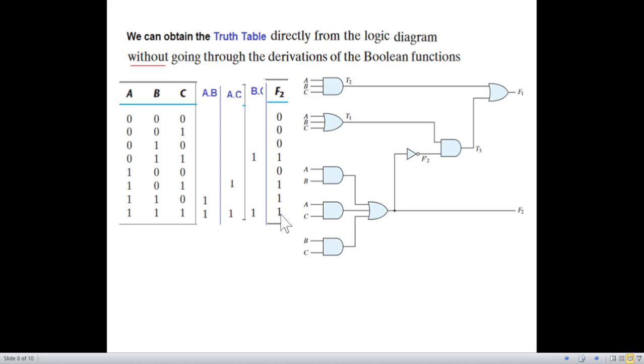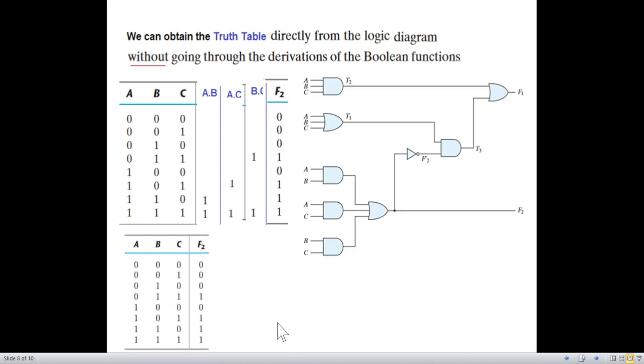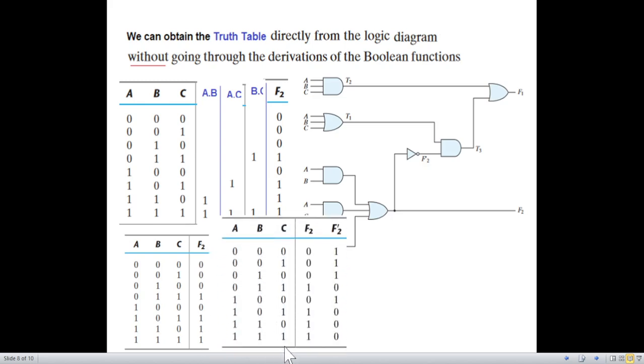This is all the 1 output. So this is the output of F2. So we're writing it here, and now we move to this side to find F2 dash. We just invert F2. Wherever it is 0, we write 1.